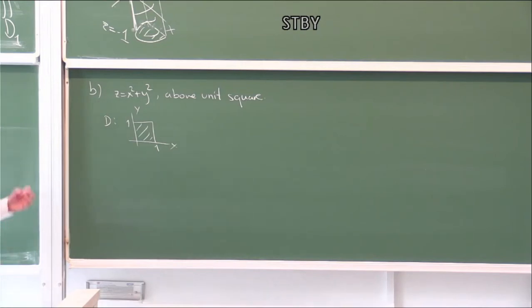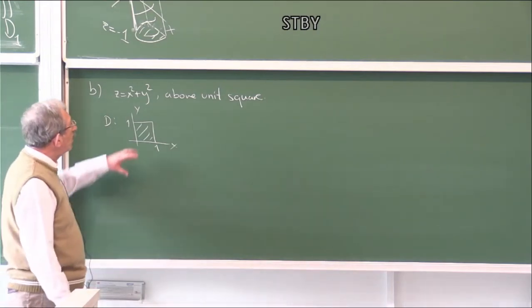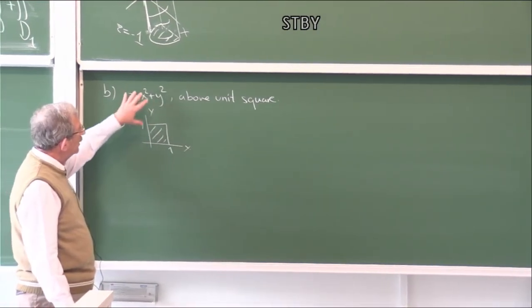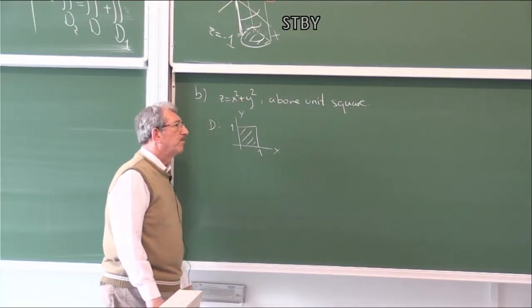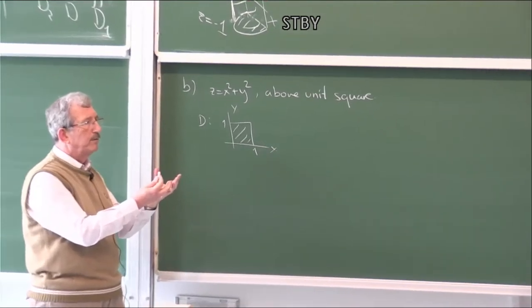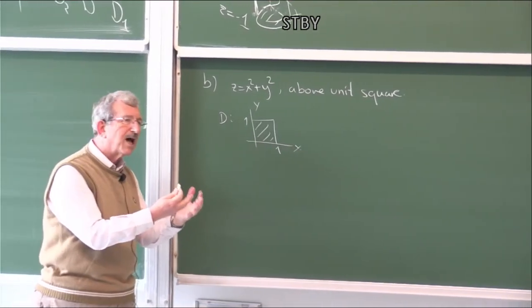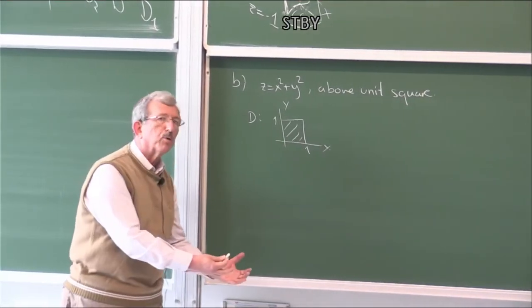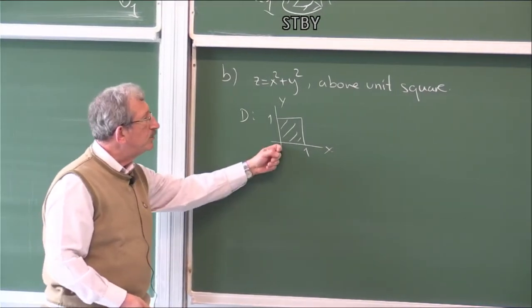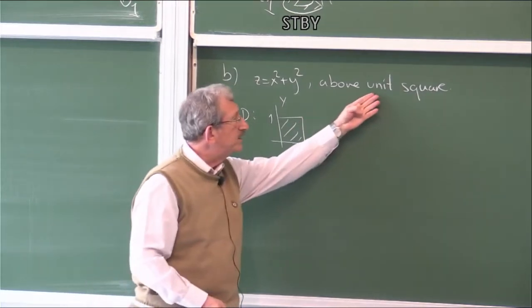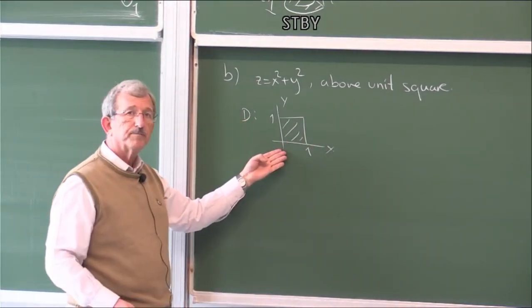Well, this is again pretty straightforward, because when we look at the solid which is bounded by the paraboloid at the top, the solid lies below the paraboloid, because this is the top surface. The bottom surface is situated in the xy plane.